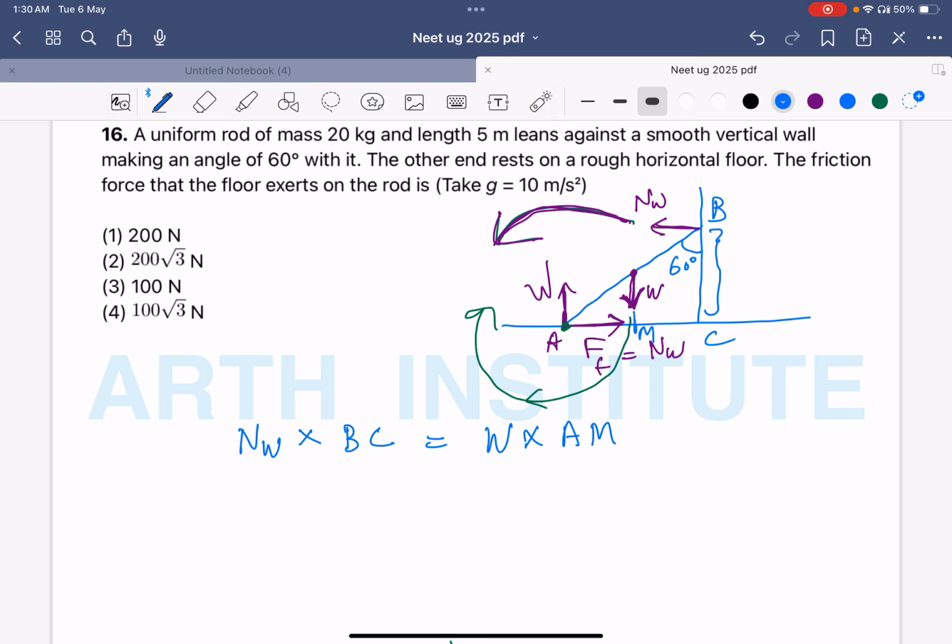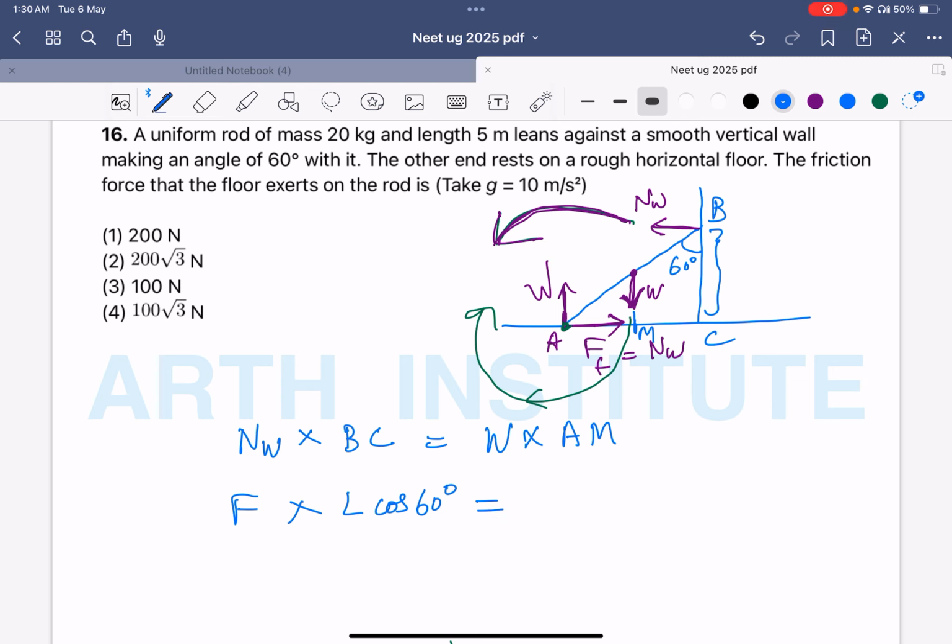W into AM is equal to NW into BC. Now, what is NW? NW is equal to force of friction, and your BC is nothing but L cos 60 degree.